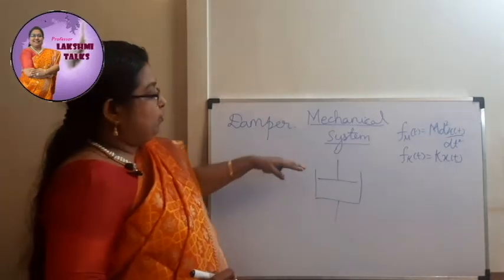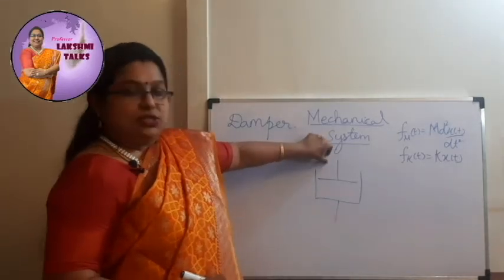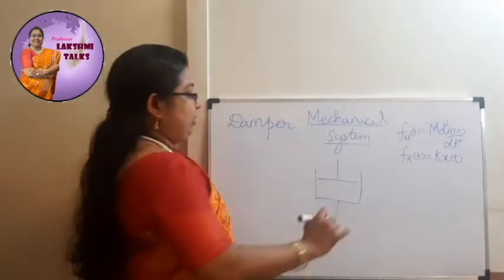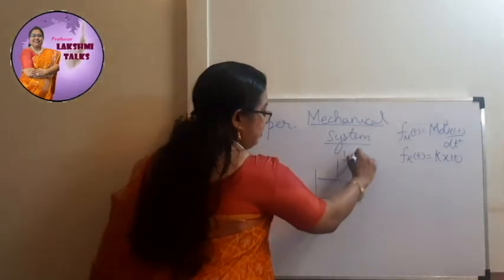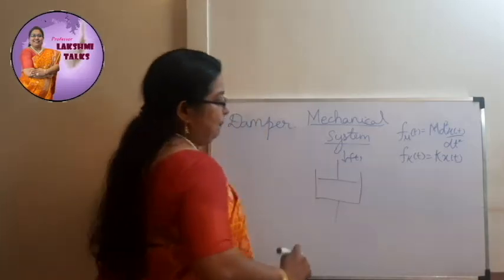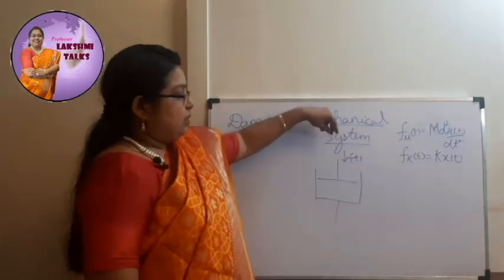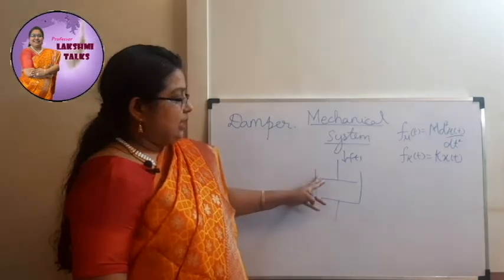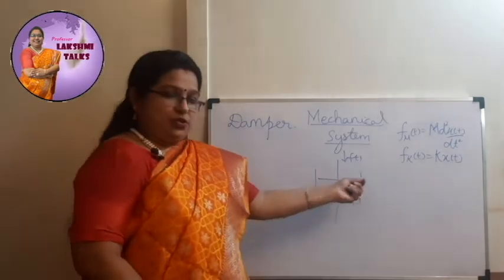So where is the force applied? The force will be applied to this piston. And inside this cylinder you will have oil. Whenever a force is applied, what happens? The piston goes inside and the oil starts leaking out of the gaps, right?